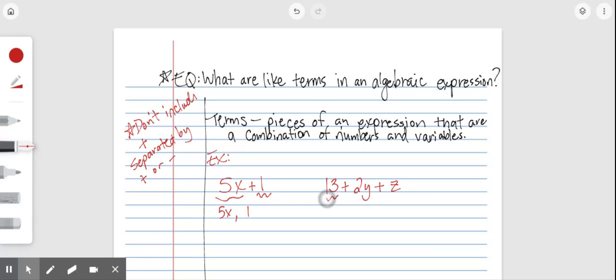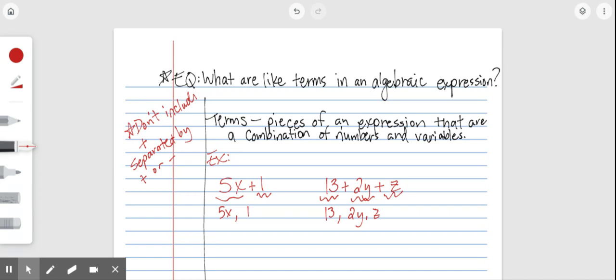So 13 is my first term, and then 2y is my second term, and then z is my third term. So there are three terms in this one, because each of the terms or pieces are separated by the addition or subtraction. Notice that each of my terms is a combination of numbers and variables, and each one does not include an addition sign or a subtraction sign.